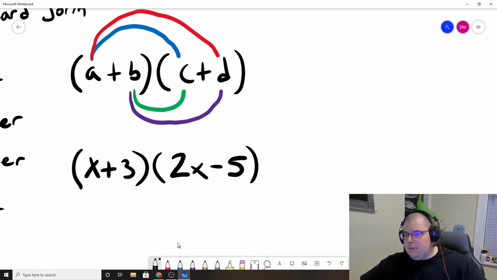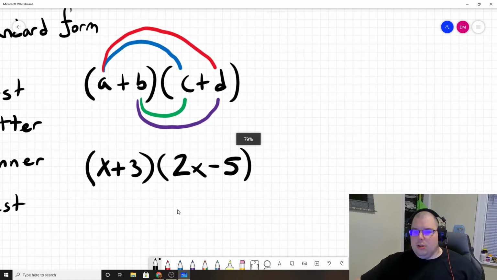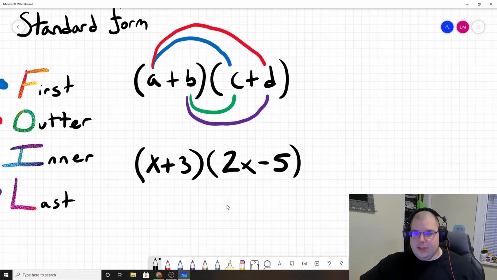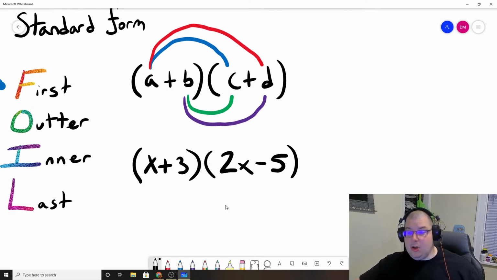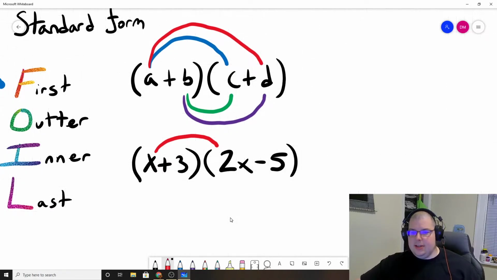That should be good. So the first thing we want to do, ironically, is multiply the first two pieces together, which I'm going to do in red. So we're going to do 2x times x. Well, x times 2x. I like to think of going from left to right. So x times 2x is 2x squared.